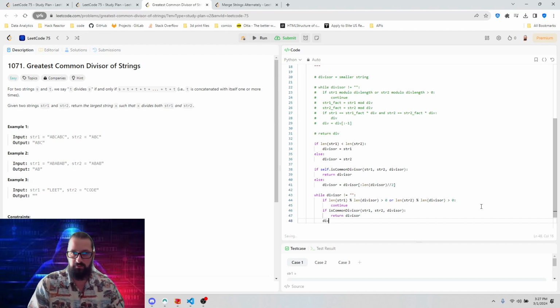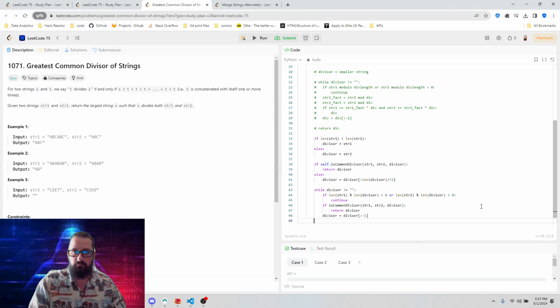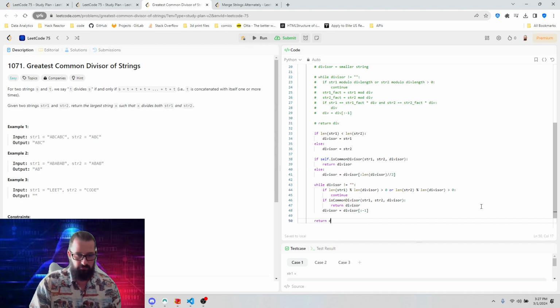If not true, then div gets smaller. Divisor equals divisor minus 1. And then we return divisor in the case that nothing works.